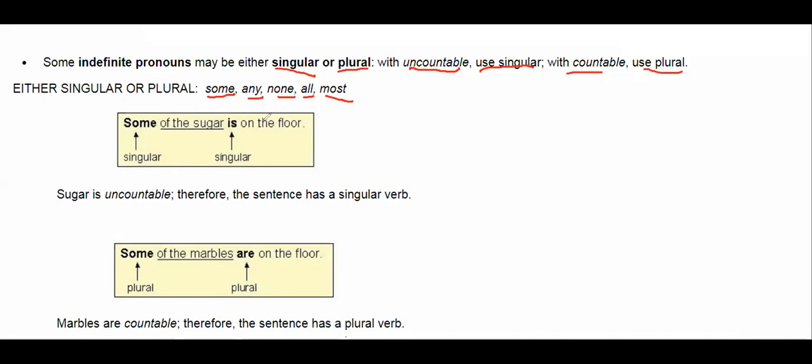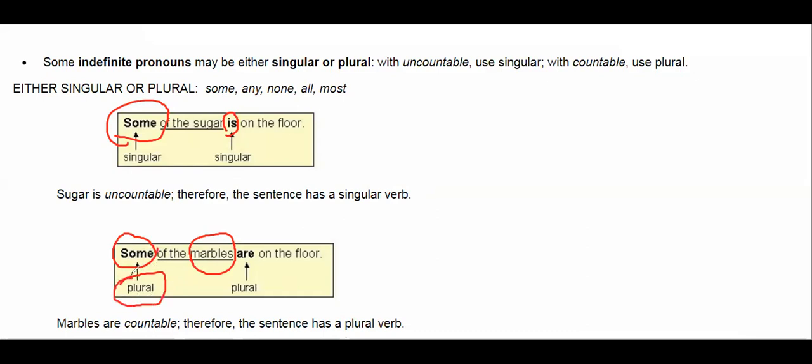Some of the sugar is on the floor. Now, sugar is uncountable, but over here we are saying that some of it, a little amount of it, is on the floor. Since it is little in amount, we will consider it singular. Obviously, the verb used will be singular. Sugar is uncountable, therefore the sentence has a singular verb. Some of the marbles are on the floor. Marbles can be counted, so the word some over here means that marbles are more in number, they can be counted.